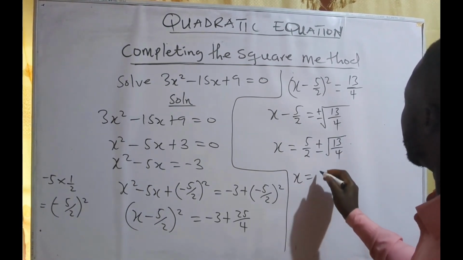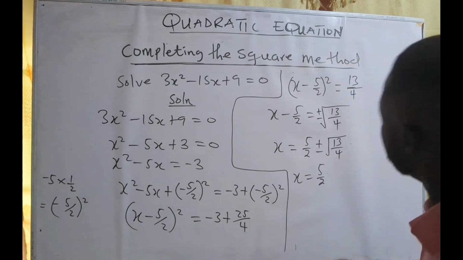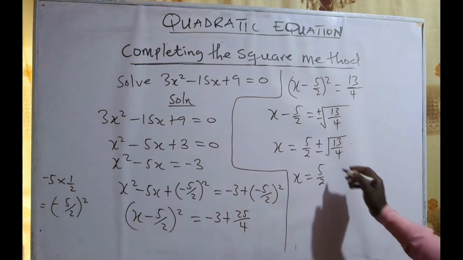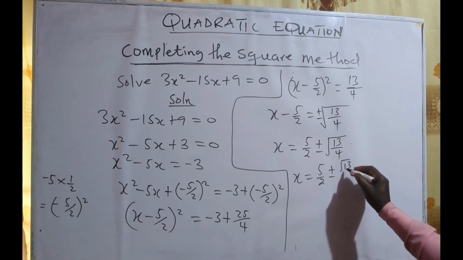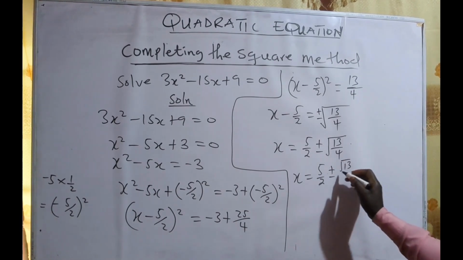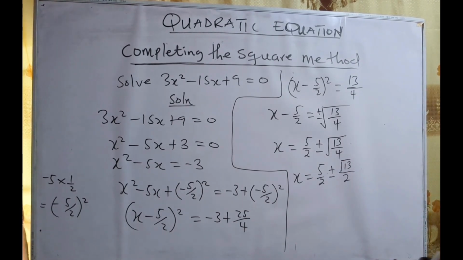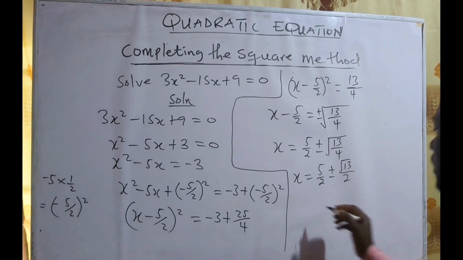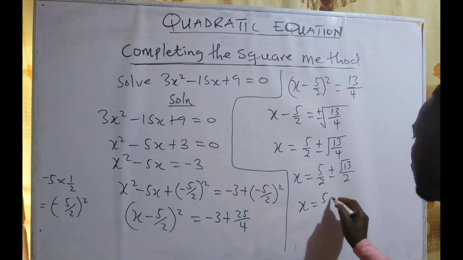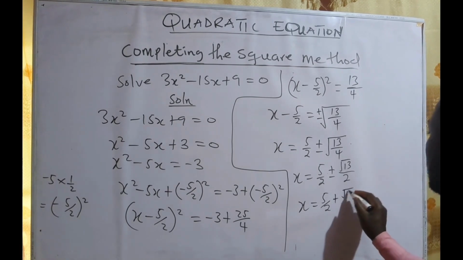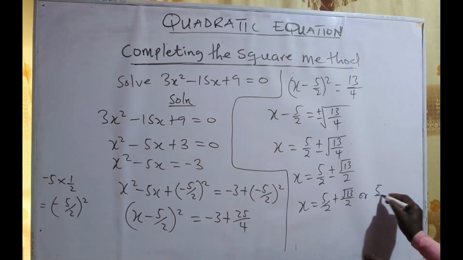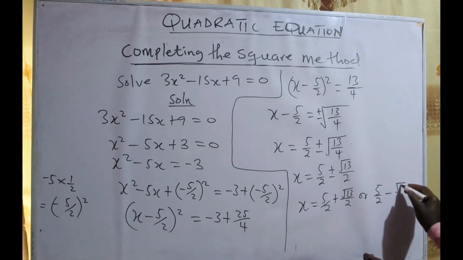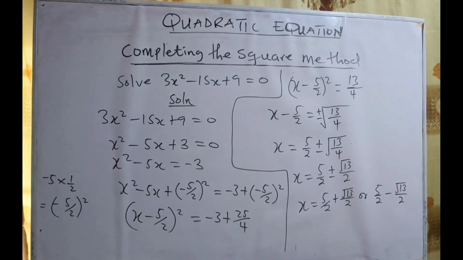Then x will be equal to 5 on 2. Okay, so here we will have plus or minus square root of 13. We will not get a whole number, but square root of 4 will give us 2. Okay, so now what will be our answer? x can be equal to 5 on 2 plus root 13 on 2, or 5 on 2 minus root 13 on 2.